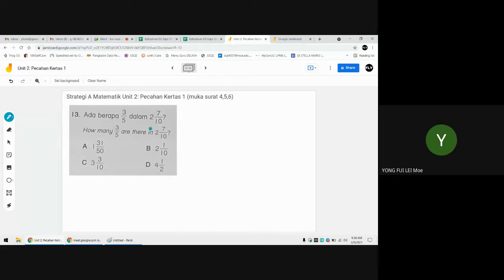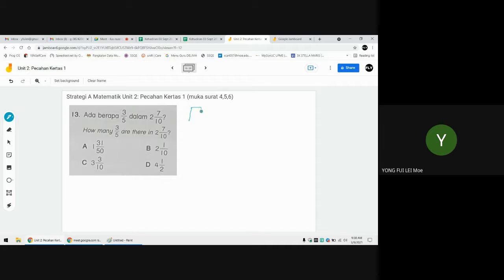So next, 13. How many 3 over 5 are there in 2, 7 over 10? Okay, let's see. I will change it to a mathematical sentence for you guys. What is the meaning of how many? Look at this.